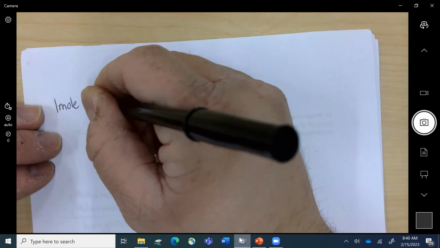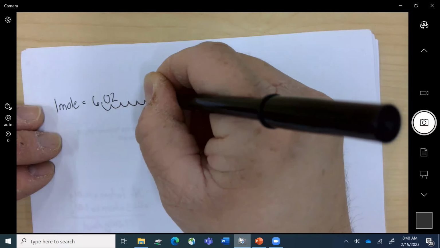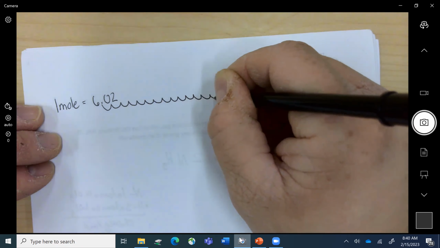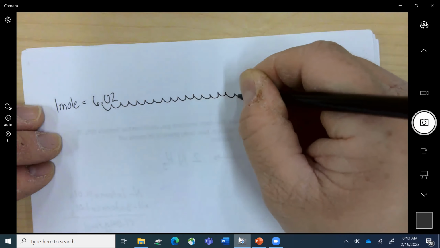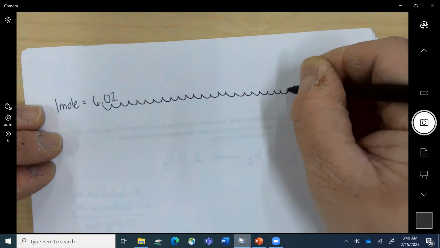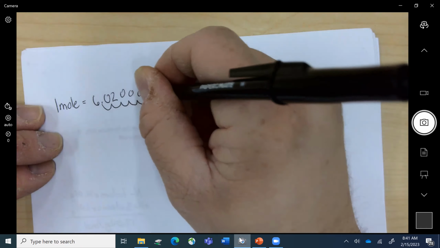6.02, and then I have to go 1, 2, 3, 4, 5, 6, 7, 8, 9, 10, 11, 12, 13, 14, 15, 16, 17, 18, 19, 20, 21, 22, 23. Okay, so I have 0, 0, 0, 0.